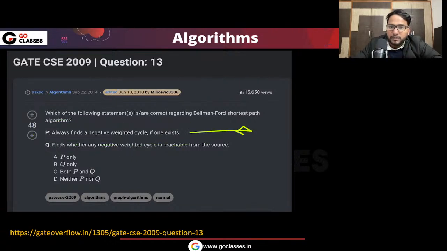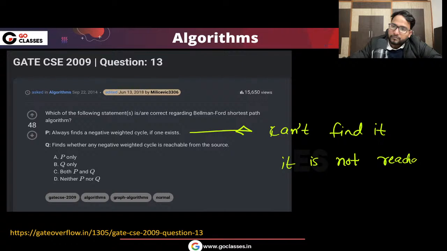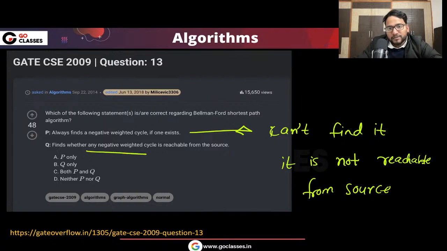If it is not reachable, it can't find it. It can't find it if it is not reachable from the source. Finds whether any negative cycle is reachable from the source. Yes, that is true. So only Q is true here. So I hope you understood that in case of Bellman-Ford, only Q is true. I mean, it can't find a cycle if it is not reachable.